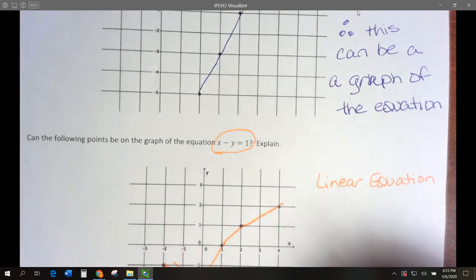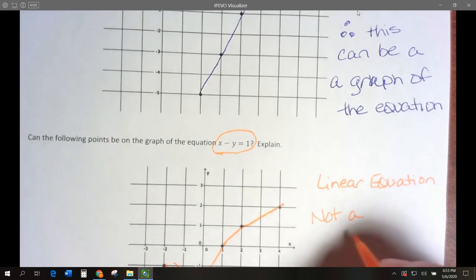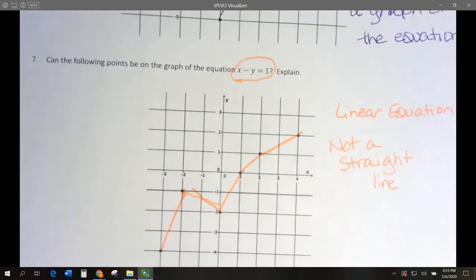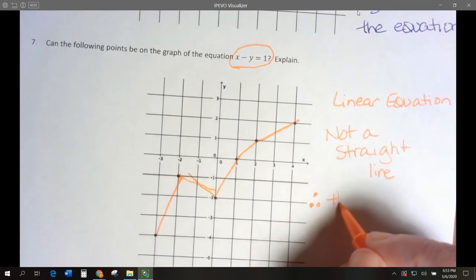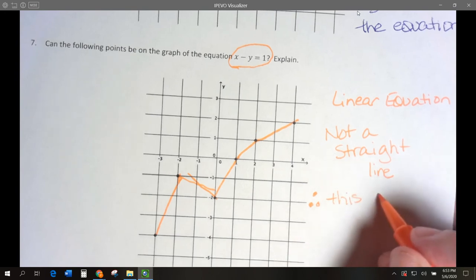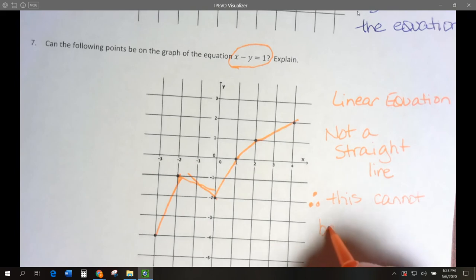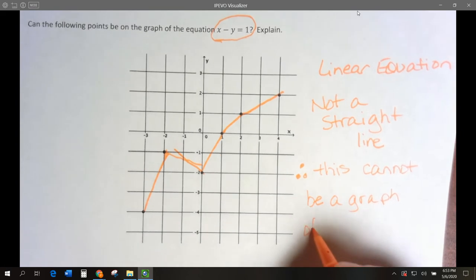So is this a straight line? It's not a straight line. Therefore, this cannot be a graph of the equation.